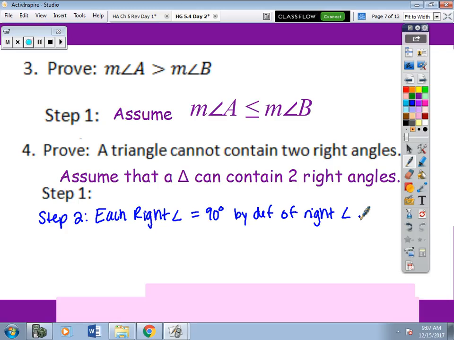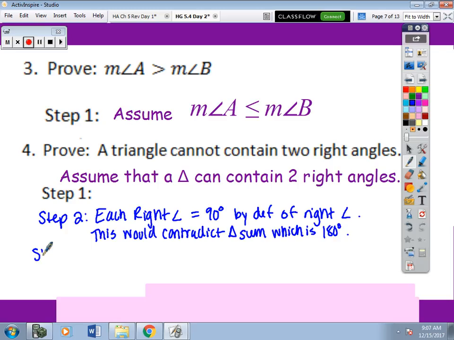Triangle sum. If 2 of the angles add to be 180, we don't have a third, therefore it's not a triangle. This would contradict triangle sum.